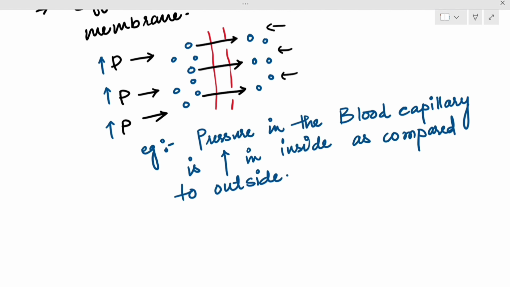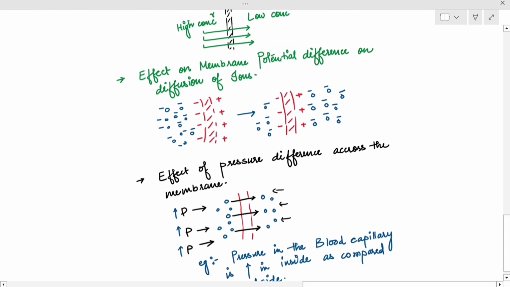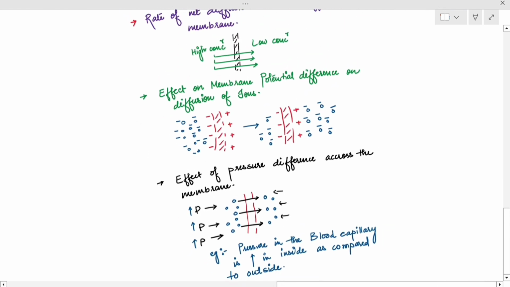Okay, fine. So this was the concept of diffusion.